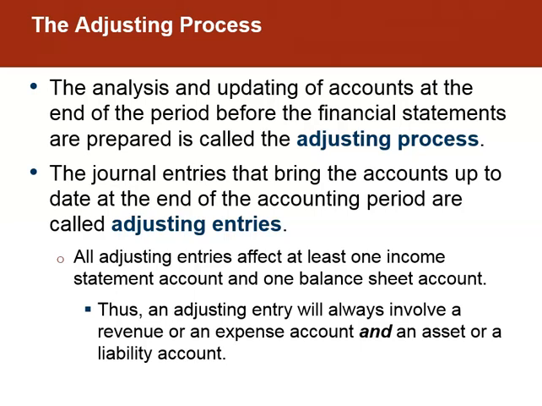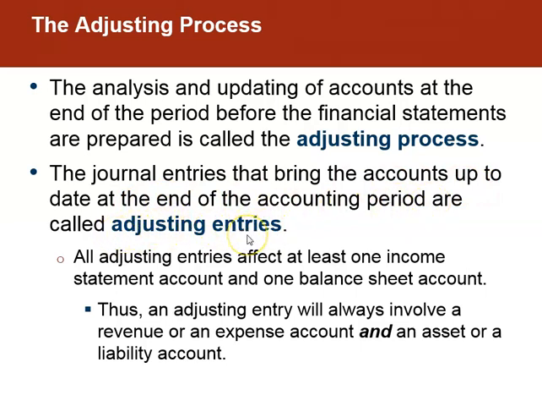Let's see here. Okay, so this is just a little bit of vocabulary here. It says the analysis and updating of accounts at the end of the period before the financial statements are prepared is called the adjusting process. There are certain accounts, again, that we're going to adjust, others we're going to leave alone. The journal entries that bring the accounts up to date at the end of the accounting period are called adjusting entries.